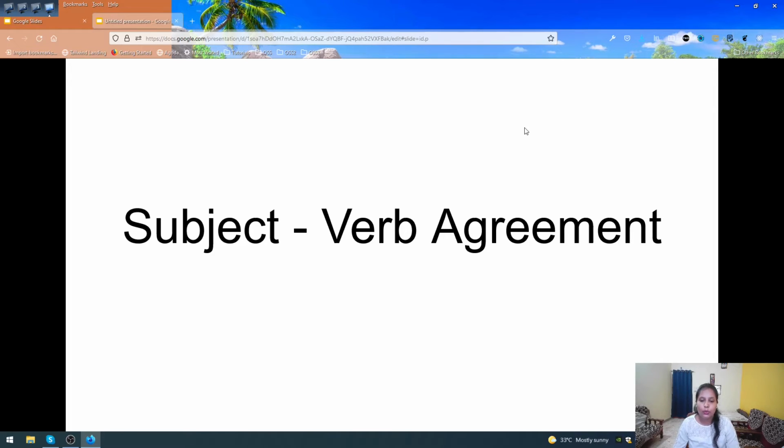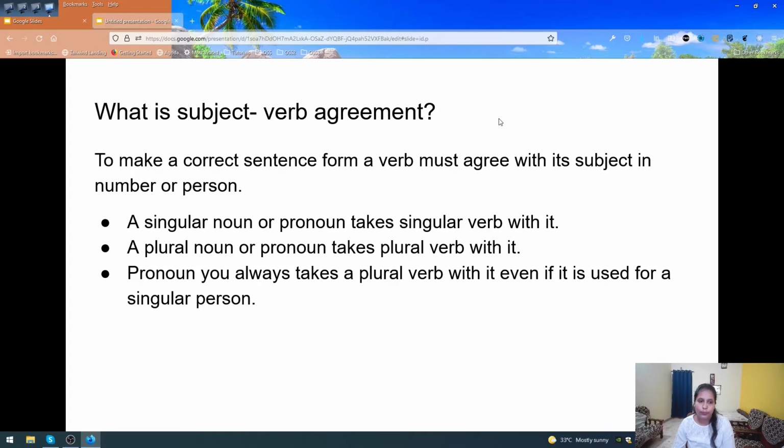So today we are going to learn subject verb agreement, which means according to the subject, what should be the verb. First of all, we have to understand what subject verb agreement is.